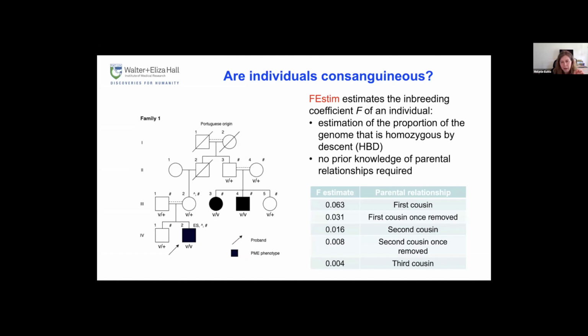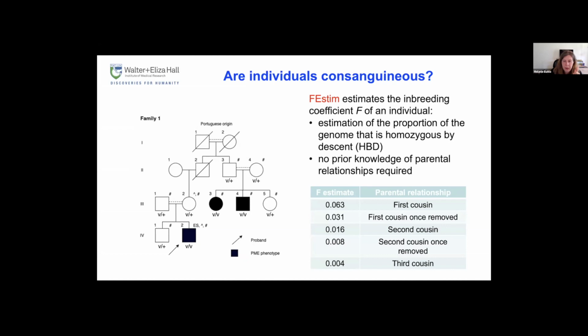That estimates inbreeding coefficients in these pedigrees. Given particular relationships, you can estimate the expected value of F, the inbreeding coefficient. F is the probability that a particular point in the genome is homozygous by descent.